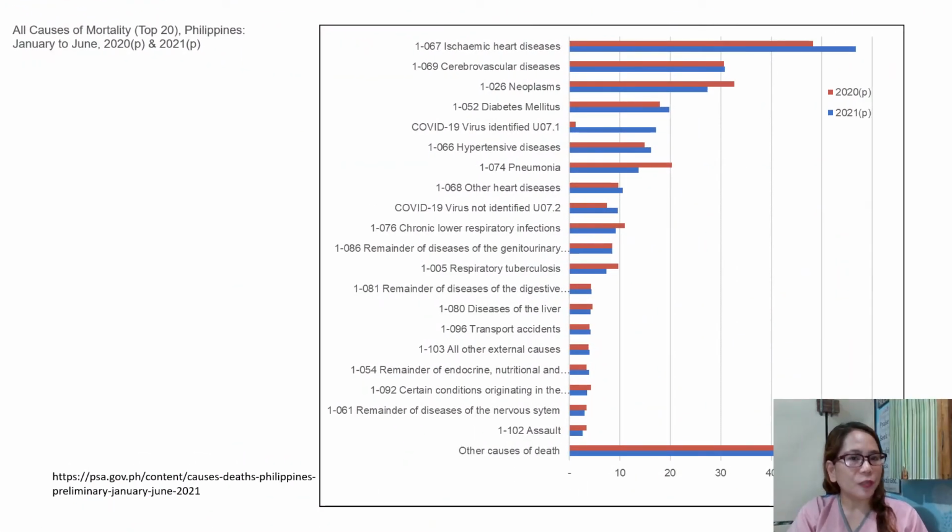This figure shows the top 20 causes of mortality or death in the Philippines, okay, from January to June 2020. Okay, the first leading cause of death is the ischemic heart disease, and it is followed by cerebrovascular diseases. Okay, your hypertensive diseases are ranked number 6.